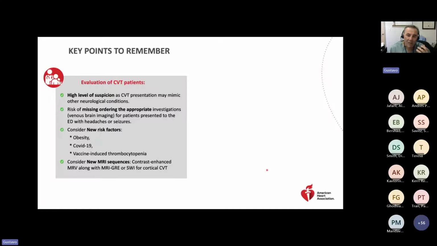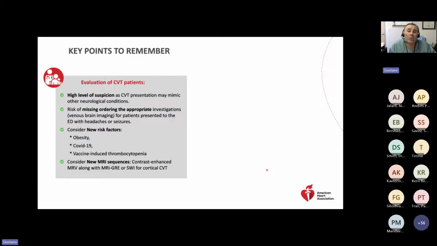So, in summary, we discussed what the most common symptoms associated with cerebral venous thrombosis are, such as headaches. You have to have a high level of suspicion because among all patients with similar neurological symptoms, only a small fraction will have cerebral venous thrombosis.